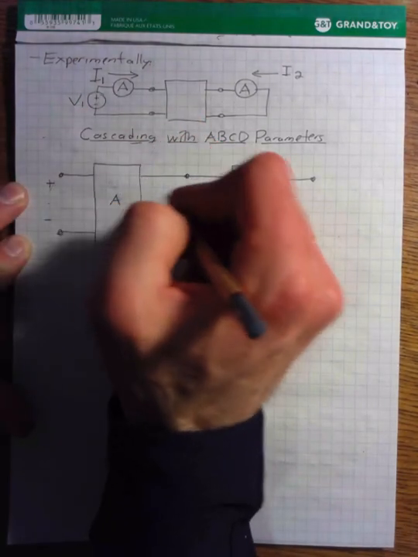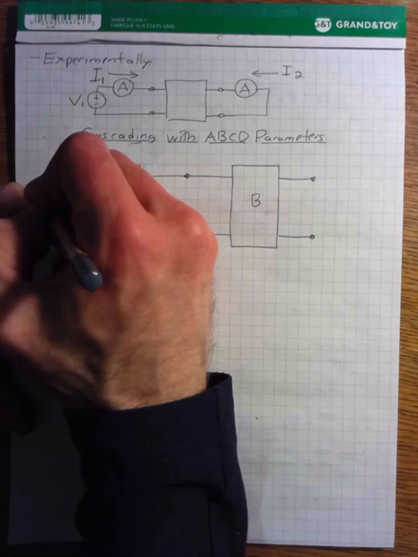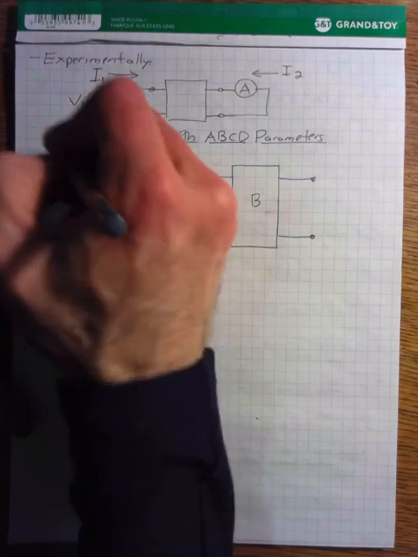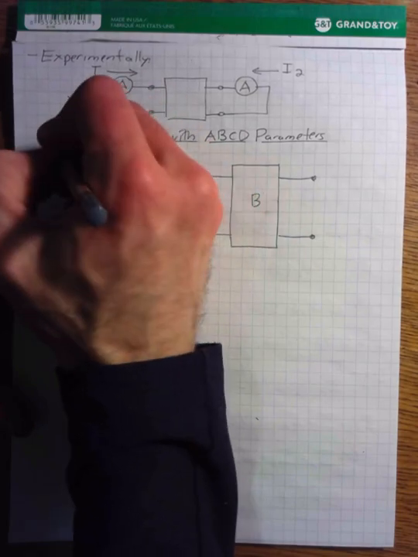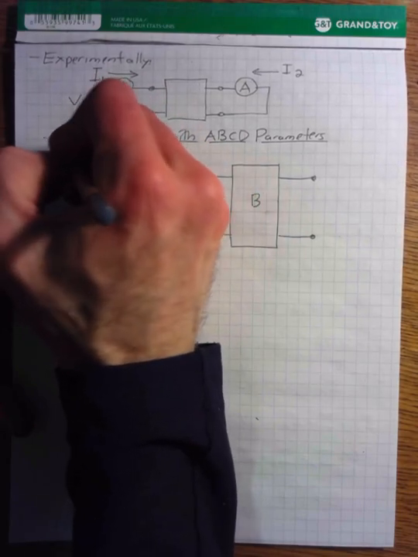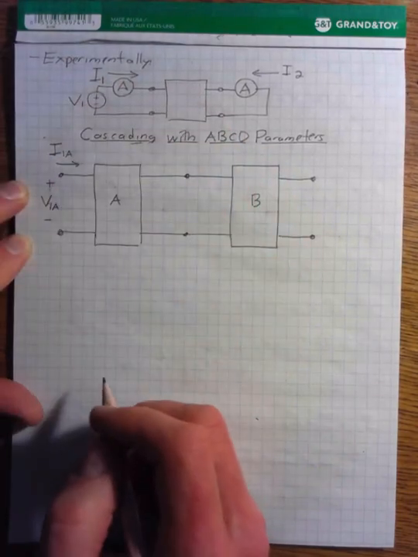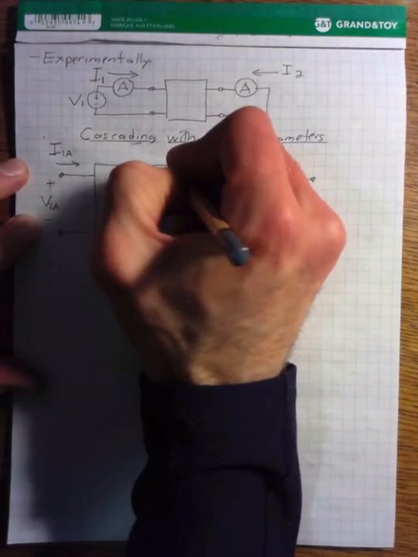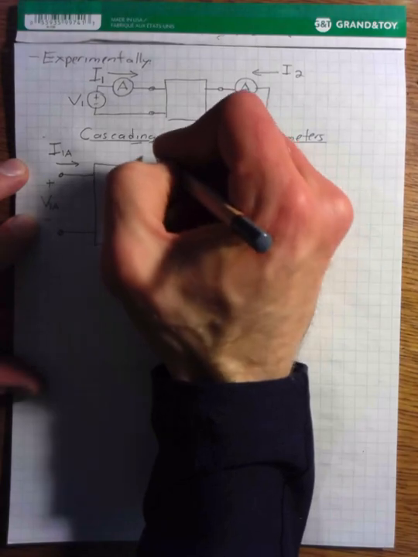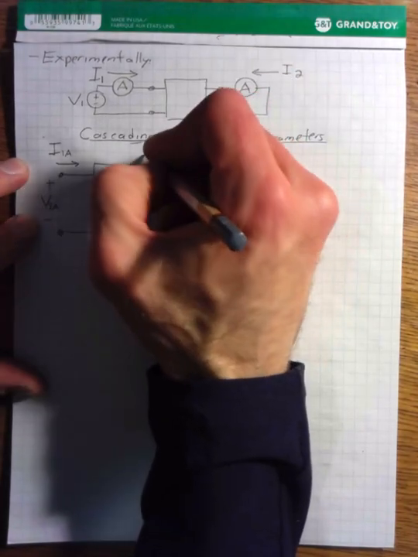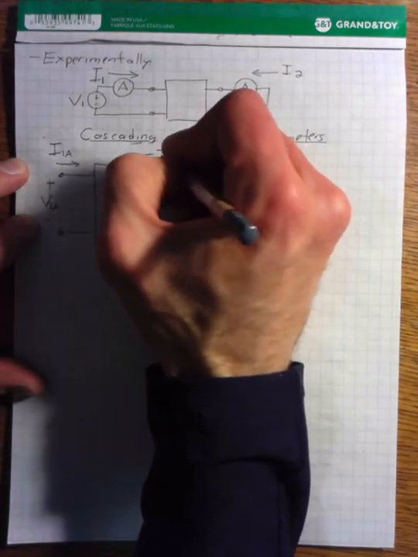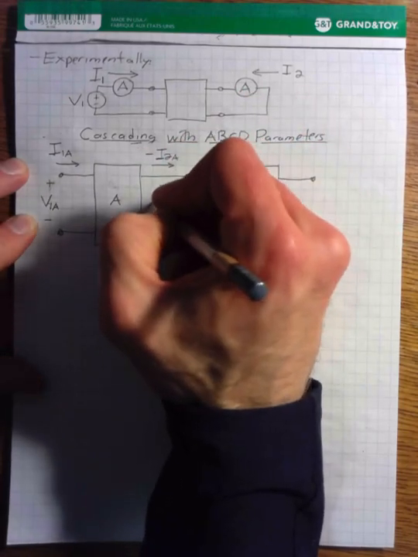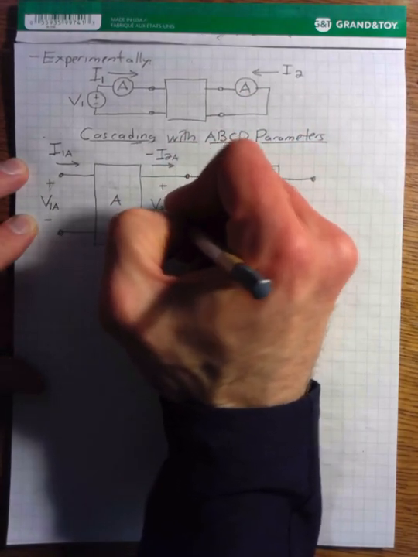So for our network A, at port 1, we have voltage V1A and current I1A going into port 1. Coming out of port 2 on network A, we have minus I2A, and our output voltage is V2A.